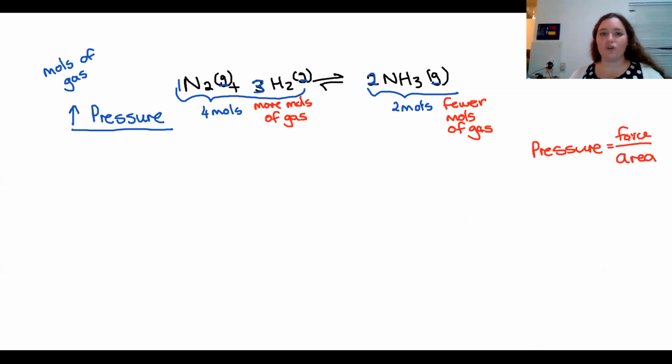The pressure in a gas comes from how hard the particles collide, how often they collide, how much energy they collide with. But also, and this is what we're going to be focusing on, it's how many particles of gas there are. If there are fewer particles of gas colliding, then there will be a smaller force and a smaller pressure. If there are more particles of gas colliding, imagine this isn't just my one fist, but multiple little fists, we will have a larger pressure.